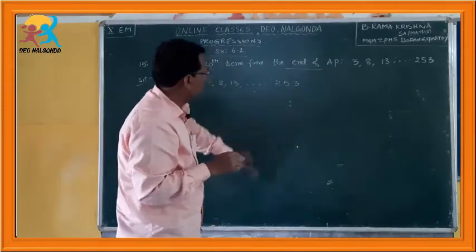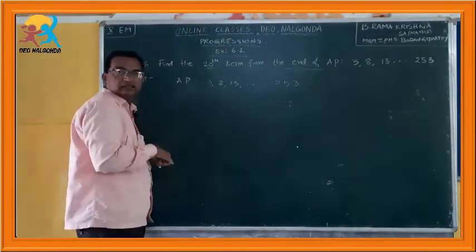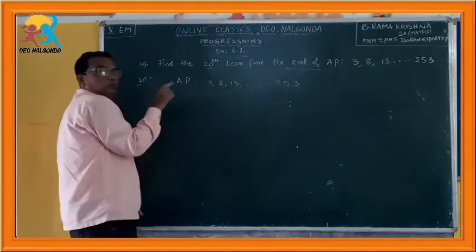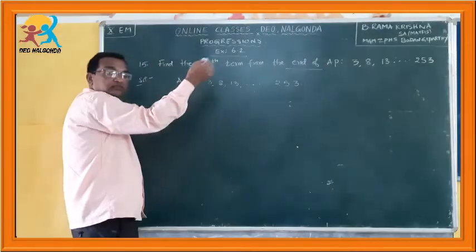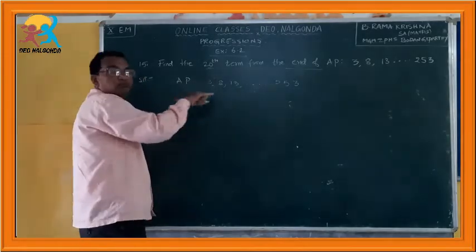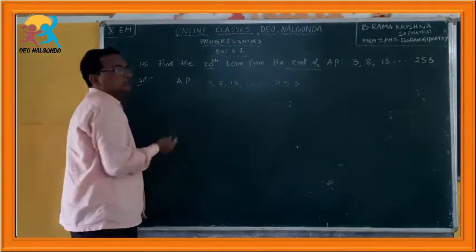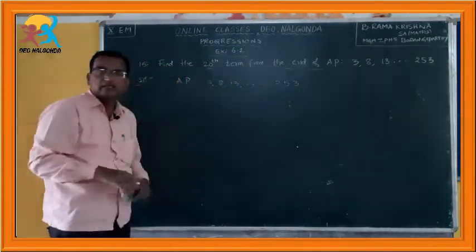Likewise, if you want the 20th term from the end, you have to find the number of that term from the beginning. Okay. So, how to find it? For that, we should know how many terms are here.